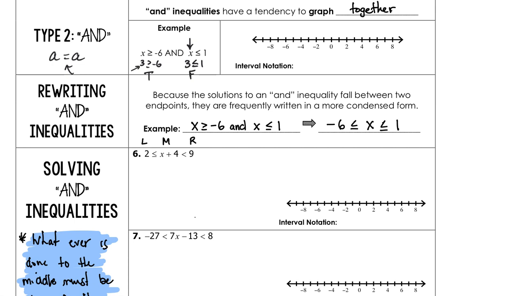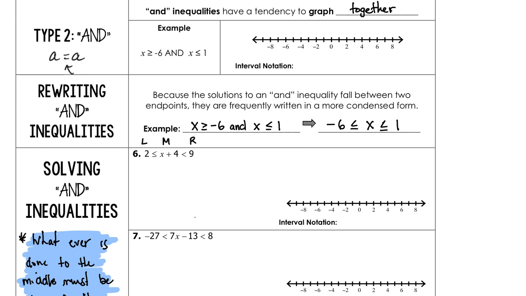If this were an or, that would be fine, because or only needed you to plug it into one to get it true. But because of the word and, you have to plug numbers into both of these.